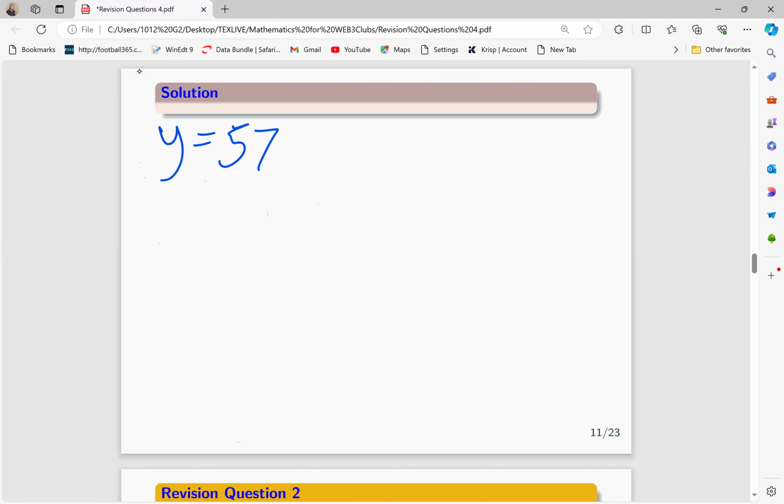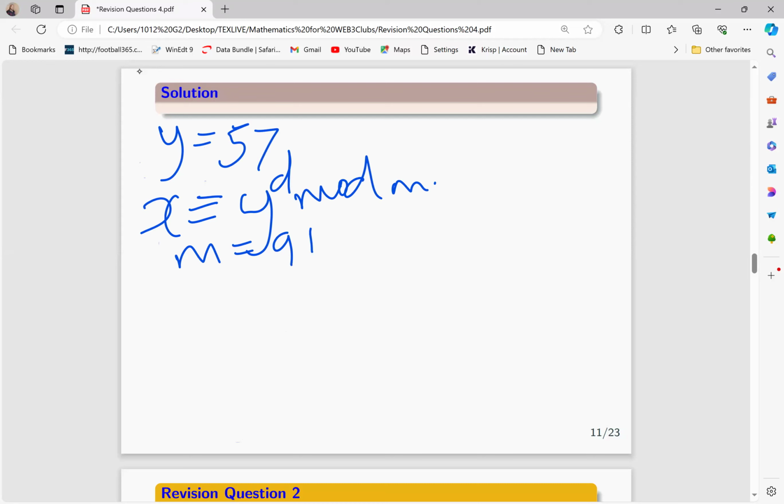The plain text is X. So X is congruent to Y power D mod M. M was 91. So X is congruent to our Y, 57, power our D, which was 23, mod 91.